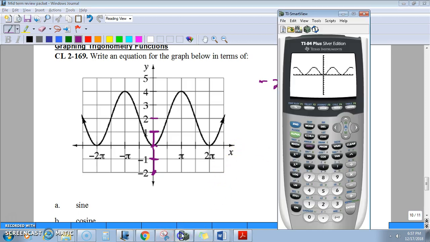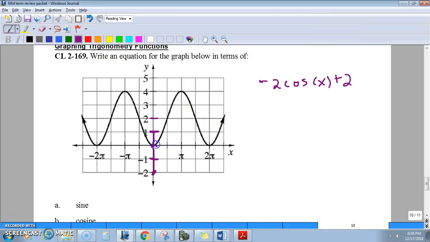Now let's do the sine. So let's go back and graph the sine. Clear. And we're just going to graph the sine of x. So as you can see, we need to shift it to the right because it starts right in the middle, but we want to start right here at the bottom.